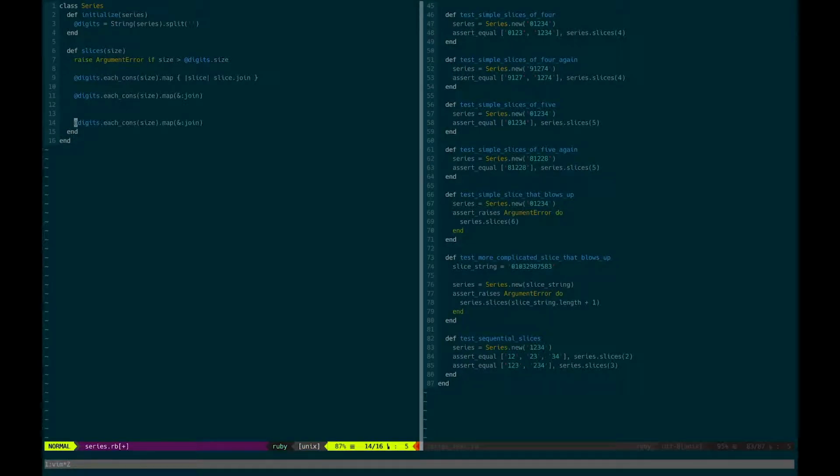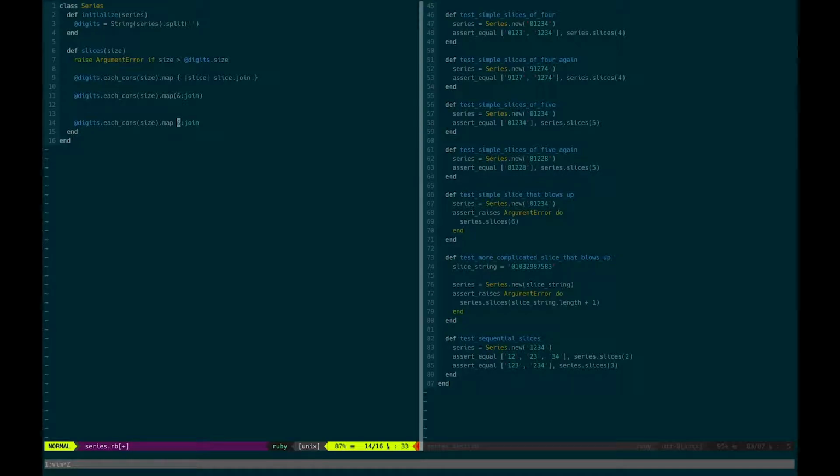I just want to start unpacking this. I'm going to get rid of these parentheses here. First I want to show you that this syntax, which some people call pretzel colon syntax, where you've got an ampersand followed by a symbol, is really common. This is how you usually see it in a map.